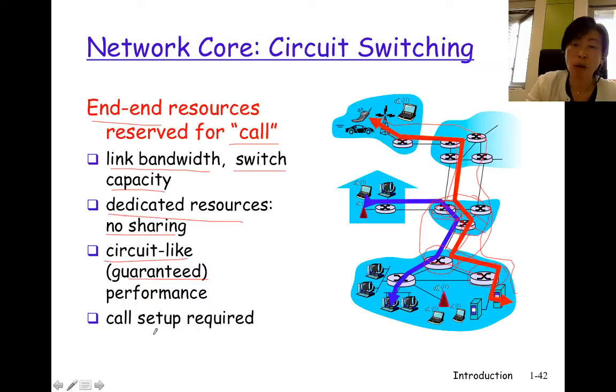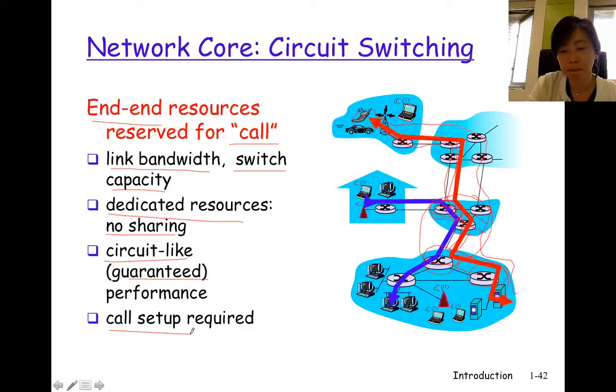But you see also one drawback is, when the caller begins a call, there's some time it requires for the network to set up such a physical connection. That is called the call setup, and the time it requires to do that is the call setup time.